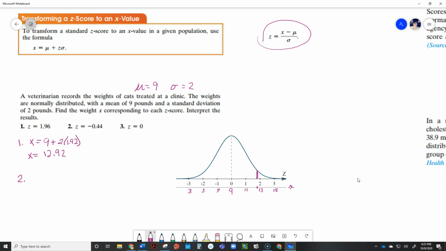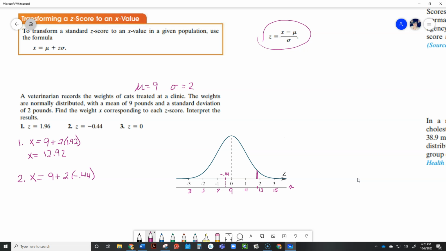What is going to be the weight of a cat that is a negative 0.44 standard deviations away? Well, negative 0.44, that's a little less than a half. So I'm going to guess that this is about the z-value of negative 0.44. Okay, and so that's going to correspond down here to something less than 9 but bigger than 7, so 8 point something pounds. So x is going to equal 9 plus the standard deviation times the z-value, negative 0.44.